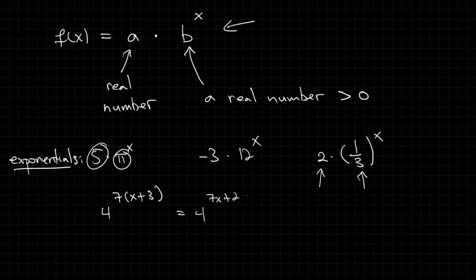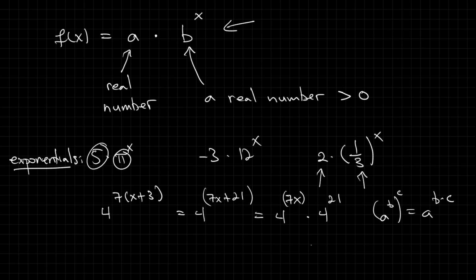Now you will need to remember your properties of exponents here. If you have a number raised to a sum, that is equal to that number to the first part of the sum times that number to the second part. And when you have any number to a product, remember that a to the b to the c power is a to the b times c.